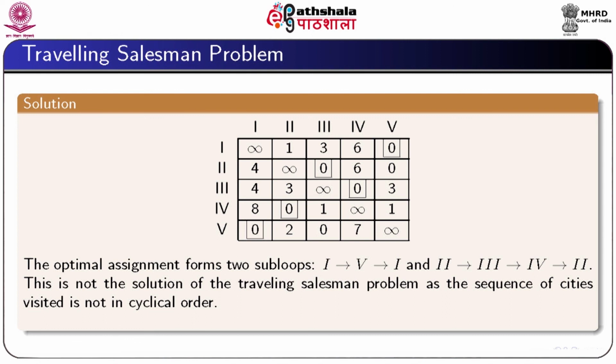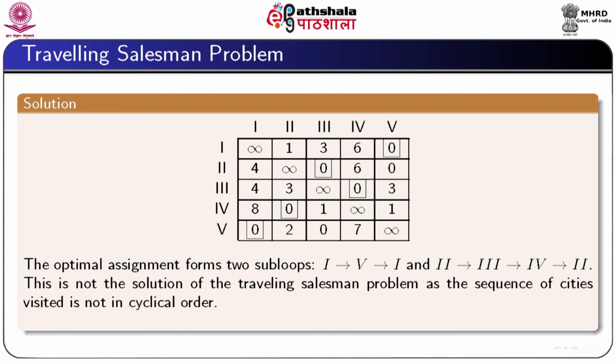So, instead of assigning 0 in cell 1 5, let us assign to the cell 1 2 which contains 1. Then obviously the assignment in the cell 4 2 should not be there. We have to assign either in cell 4 3 or in cell 4 5.